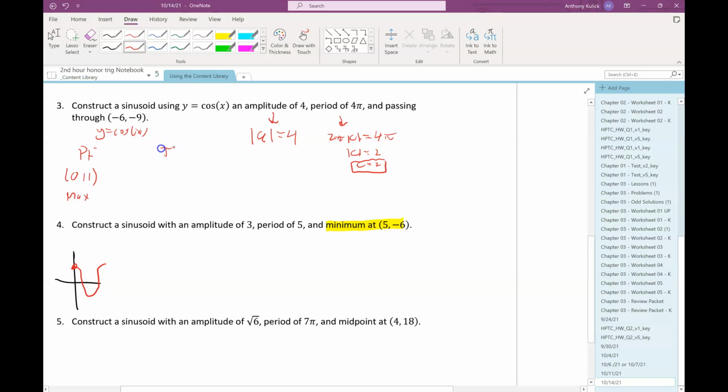And in my transformed function, I have to use the point -6, -9. And we're not told what kind of point this needs to be. But if we're using 0, 1, I have to make -6, -9 either a minimum or a maximum. It has to be another extreme point. I would choose to make it a maximum because since they're the same kind of points, that just tells me the A is positive.